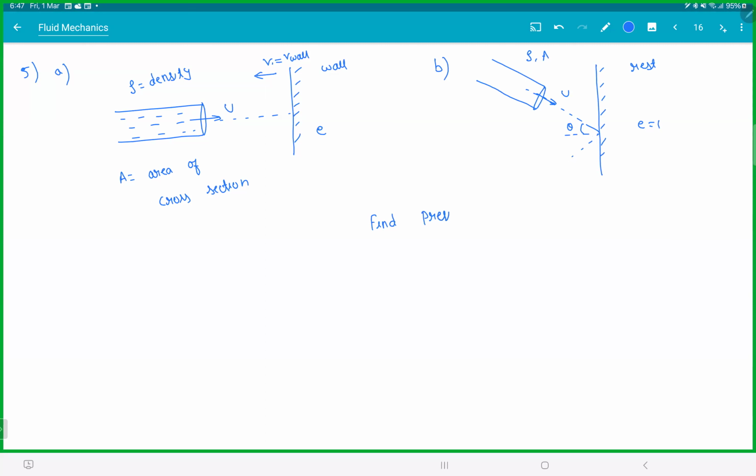This question B especially is a very good one. Find the pressure on the wall due to the water jet. In the first case, even though the wall is moving, the jet is hitting head on, and restitution is e. In the second question, it is hitting obliquely, e is equal to 1. The wall is at rest.